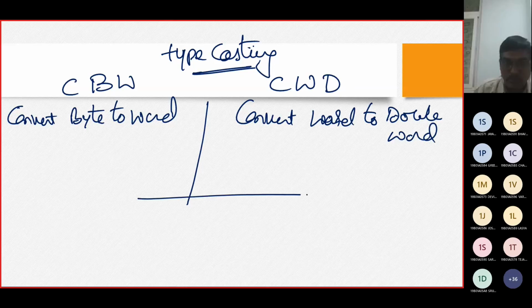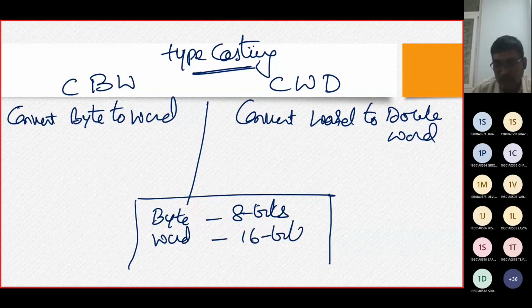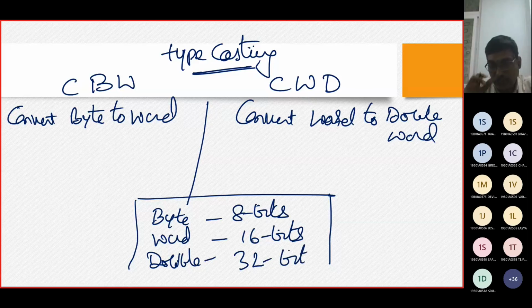What distinguishes them? A byte is a string of 8 bits, a word is a string of 16 bits, and a double word is a string of 32 bits.